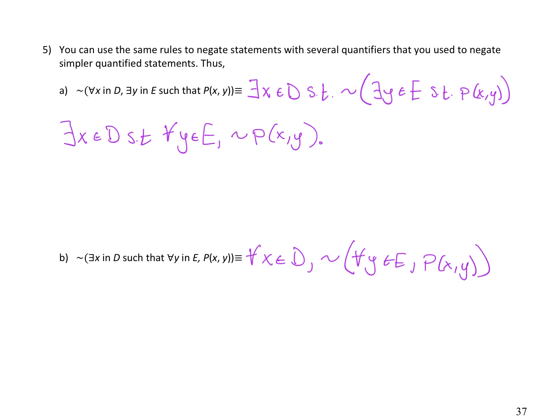And then I'm going to work on negating this second piece of the sentence. So I copy the first piece, for all x in D. Now, not for all y in E, that becomes there exists a y in E such that not P of x, y.